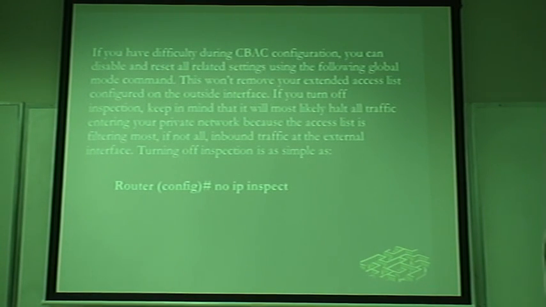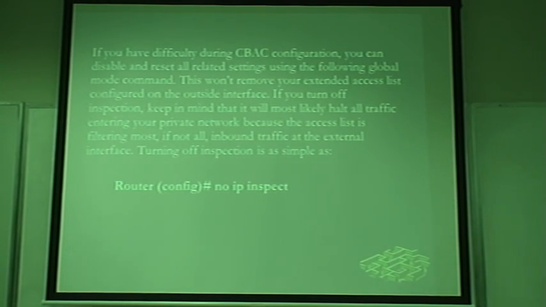If you have difficulty during CBAC configuration, you can disable and reset all related settings using the following global mode command. This won't remove your extended access list configured on the outside interface. If you turn off inspection, keep in mind that it will most likely halt all traffic entering your private network because the access list is filtering most, if not all, inbound traffic at the external interface.